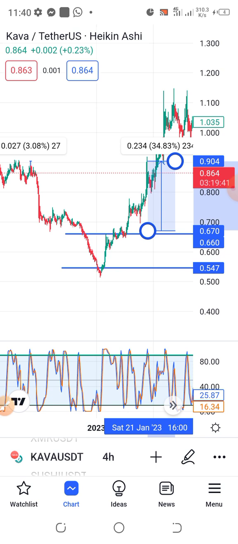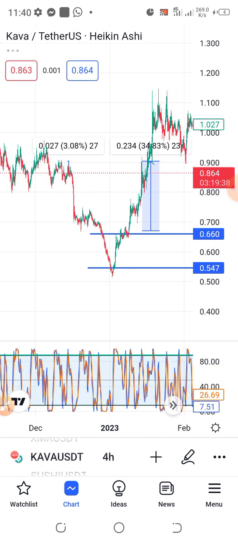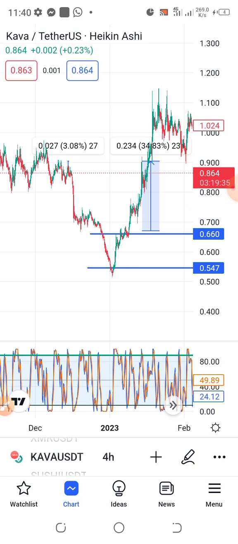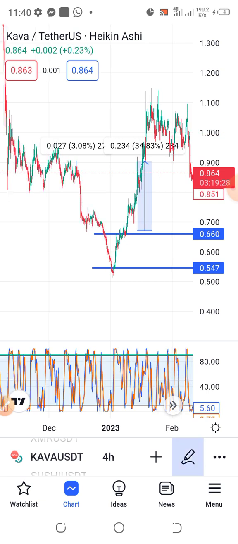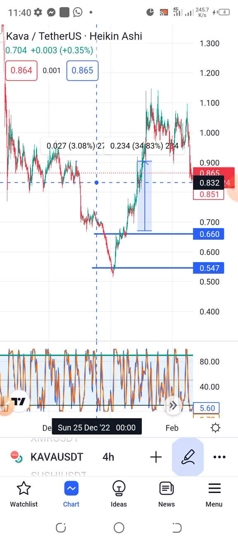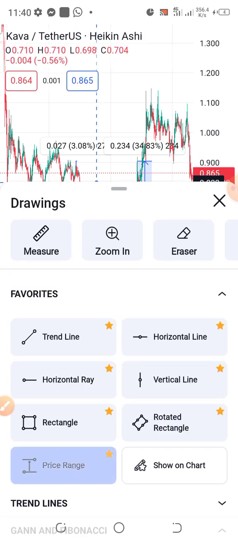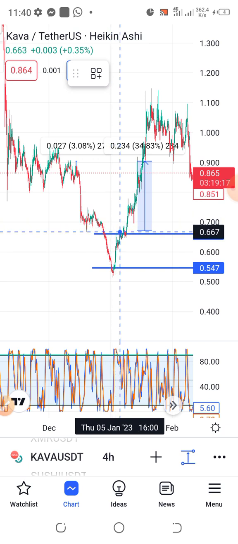When I squeeze again, you can see this is also another take profit. We just get our entry up to here. That is our next, close to 60%, and it delivered.